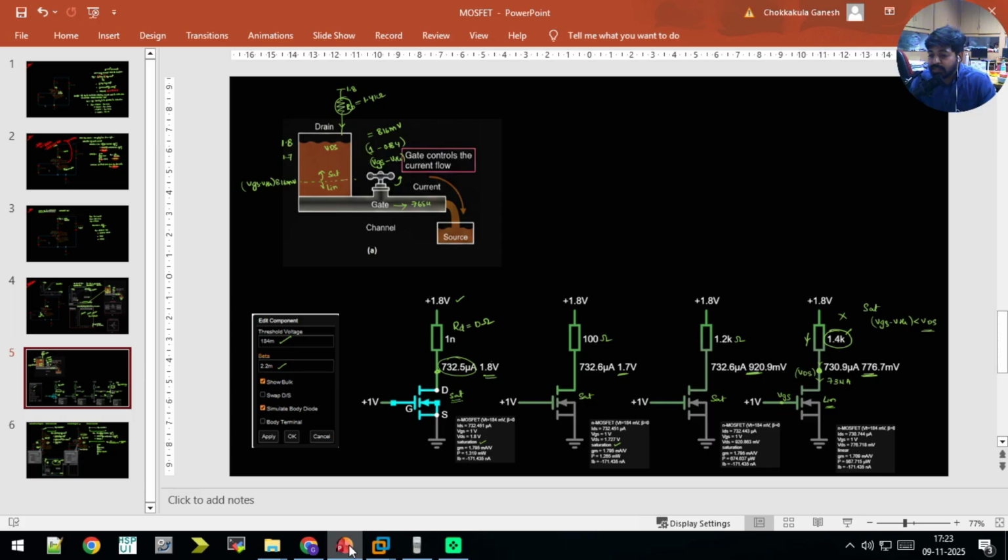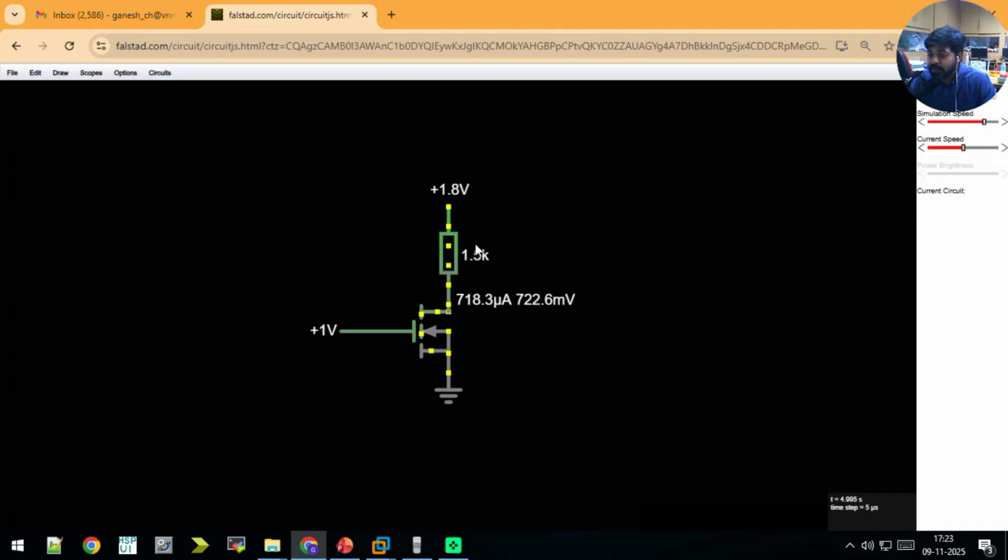But 732 micro is not going to be supplied, because we are keeping a huge resistance of 1.5 kilo ohms which limits the current. So we can see the transistor is operated in the linear region. Here you can see all the annotations for the transistor. It operates in the linear region when VGS equals 1 volt and VDS equals 722 millivolts.